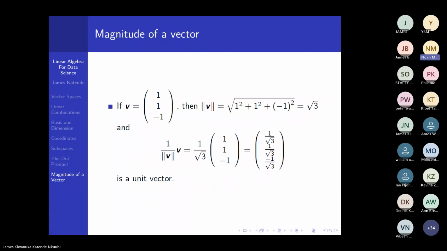So you find the square root of (1/√3) squared plus (1/√3) squared plus (negative 1/√3) squared. You'll get 3/3, which is 1. So you'll have proved that it's a unit vector. Okay, thank you. You are welcome.